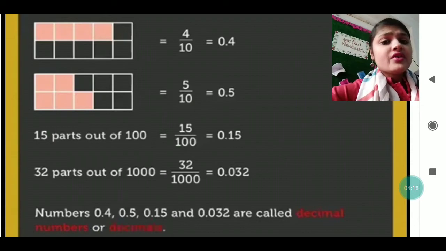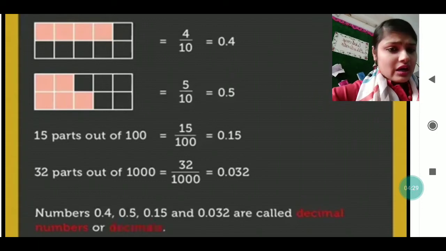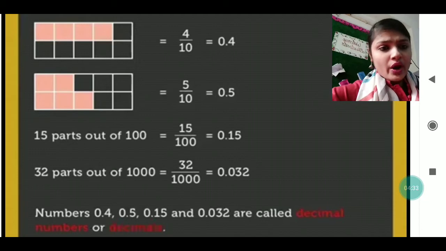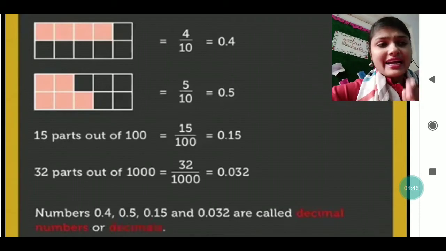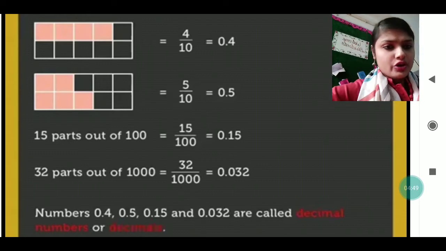In the same way, 15 parts out of 100, meaning 15 by 100, equals 0.15. 32 parts of 1000, meaning 32 by 1000, equals 0.032. That means the number of zeros present in the denominator, after that many places we put the dot.